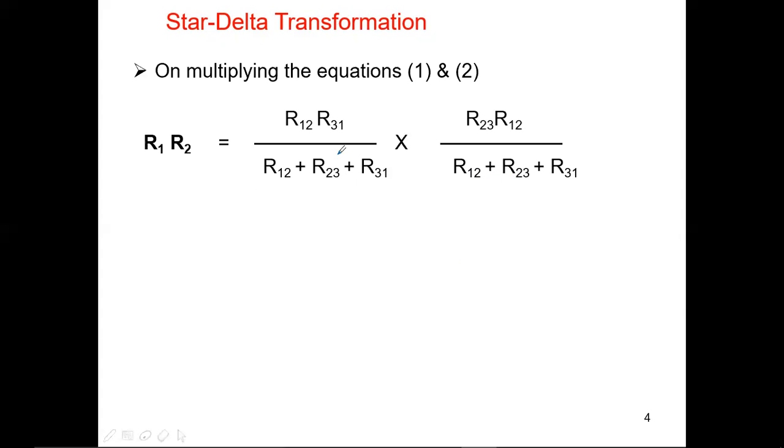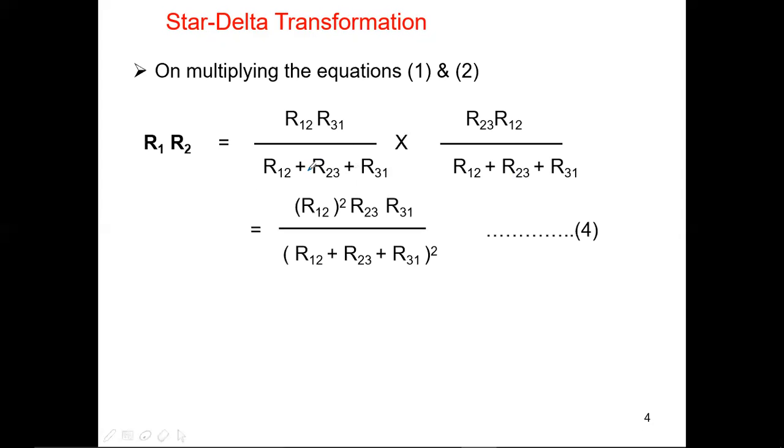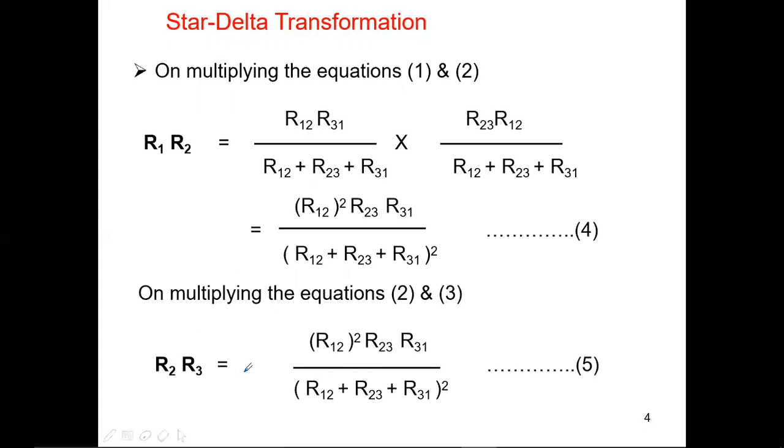Then it will become a square of this product, R12 squared into R31 and so on. Do this for all the steps, for the multiplication of equations 1 and 2, and then 2 and 3, meaning R2 and R3. Then it will look like this.